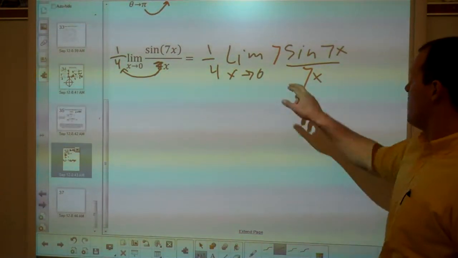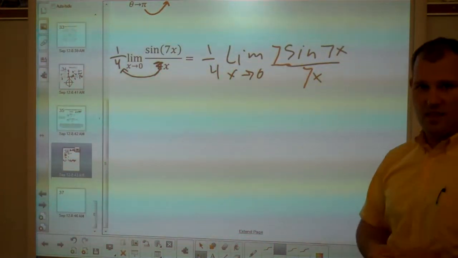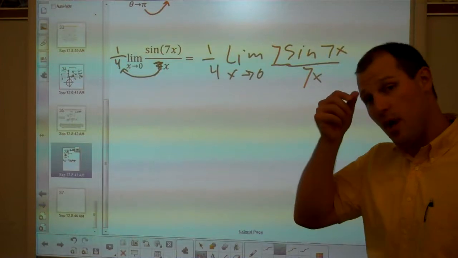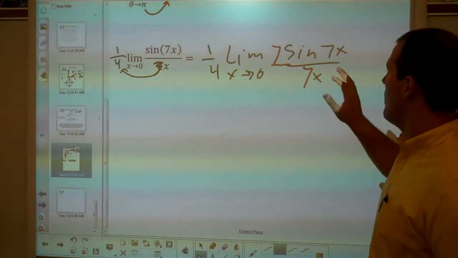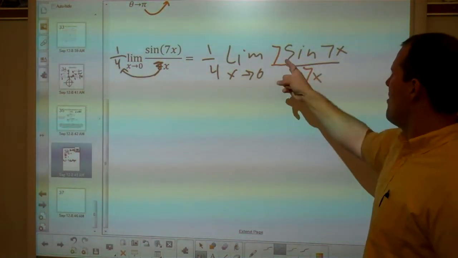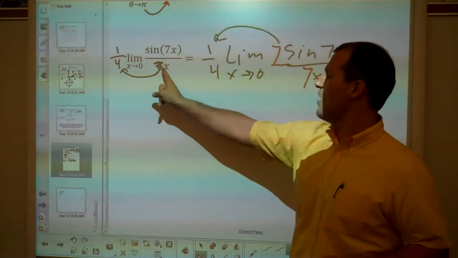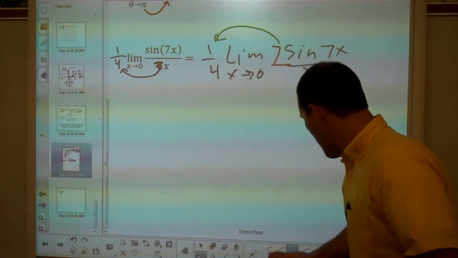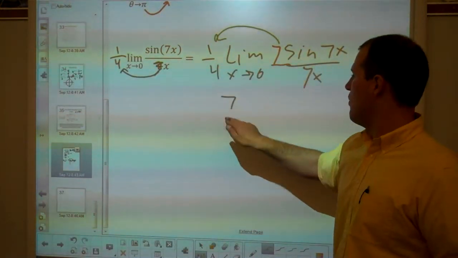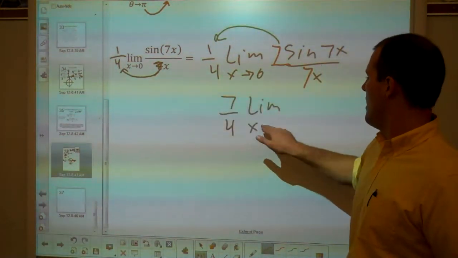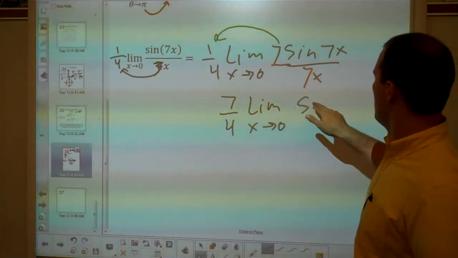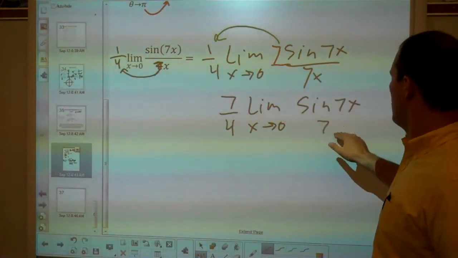And so now, all I've done is multiply by a fancy form of the number 1. And we know that multiplying by 1 doesn't change anything. So with that in mind, here we are. That's in the way though, so I'm going to factor this out in the same exact way we factored the 4 out right there. What I now have is 7/4 times the limit as x approaches 0 of sine of 7x over 7x.